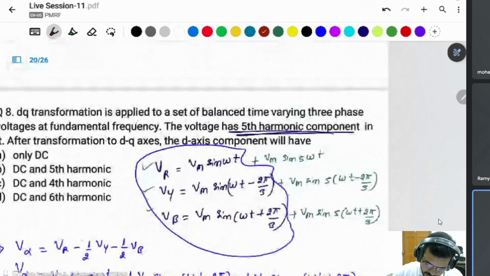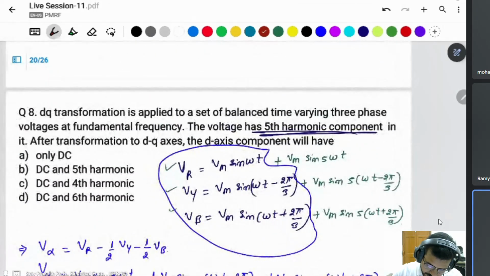Then the question is asking about the Vd, the d axis component in Vd.